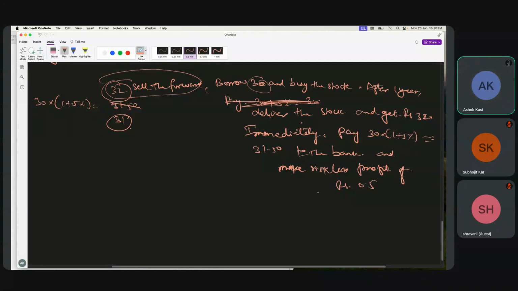How 0.5? Because you sold it for 32 and you paid 31.5, you are making 0.5 profit.